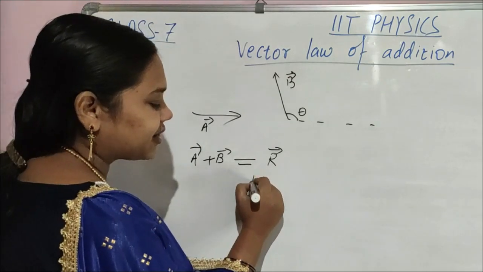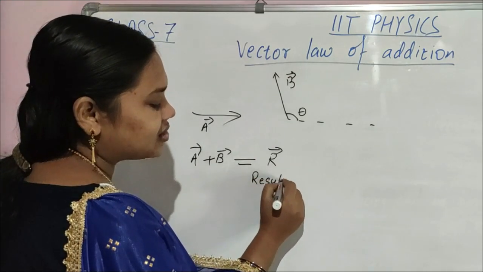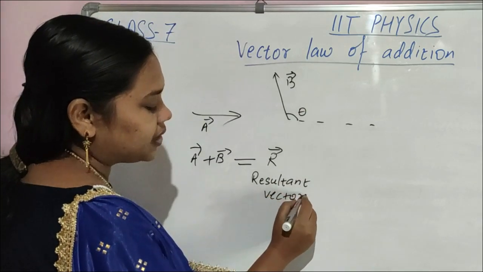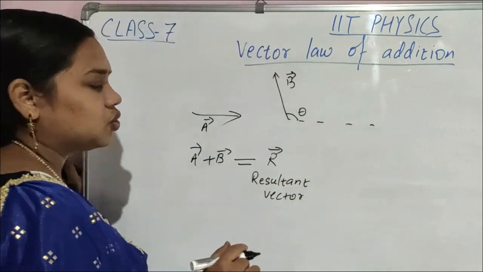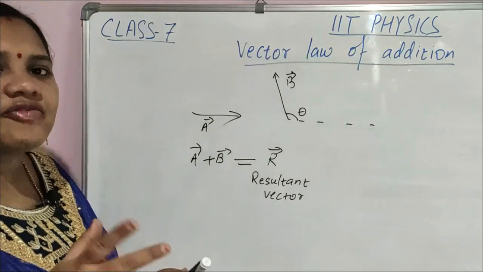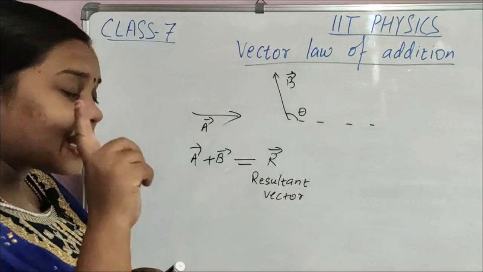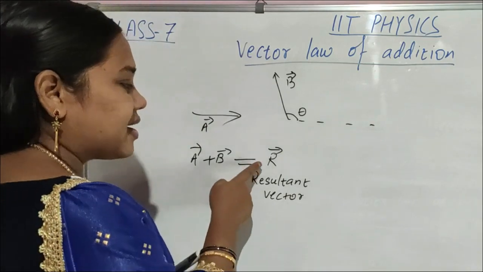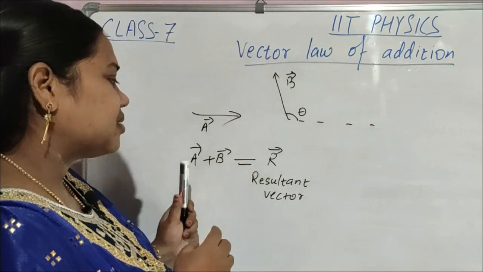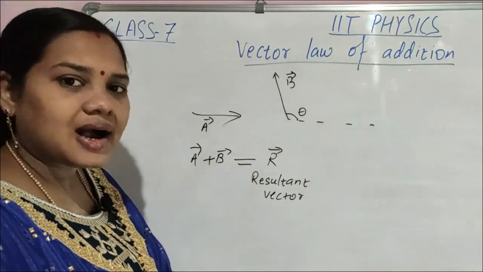What is R vector? R vector is the resultant vector. Whenever two or more vectors act on the same point, they combine and form a single vector. That single vector is known as the resultant vector. So A vector plus B vector is equal to R vector.